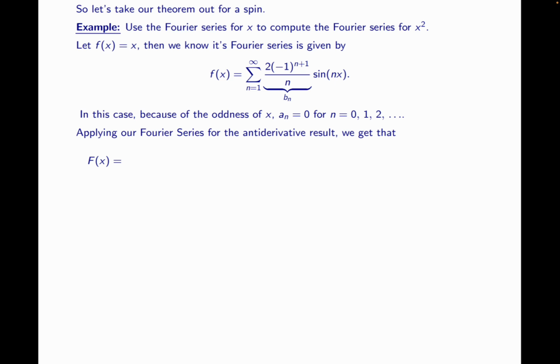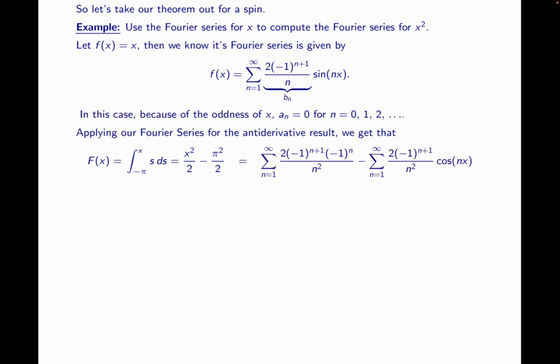So if we apply our Fourier series for the antiderivative result, we get that the antiderivative of x, that is 0 at negative pi, is just x squared over 2 minus pi squared over 2. And plugging Bn into the Fourier series corollary for the antiderivative gives us exactly this expression. This term here, this first summation, that is our constant term.